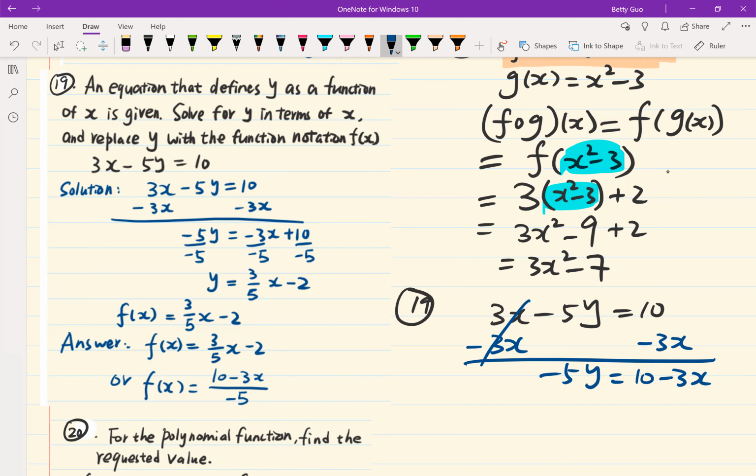One more step to isolate the y. Coefficient of y is negative 5, right? We're going to divide both sides of the equation by negative 5. Negative 5 over negative 5 is 1. We have y equals 10 minus 3x all over negative 5.